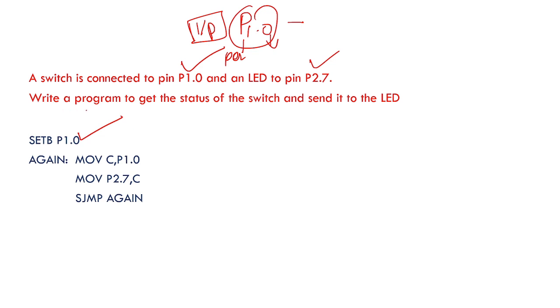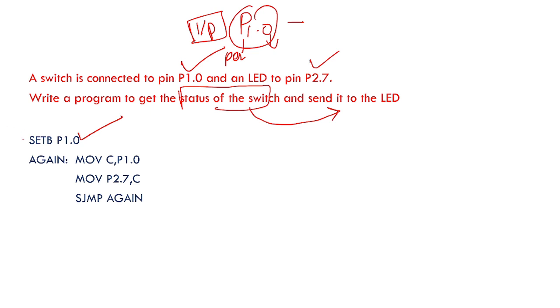So what is the program they are asking? The switch is connected to pin 1.0 and the LED to pin 2.7. Write the program to read the status of the switch and send it to the LED. So I only want to check the status of the switch, and the status is to be updated on the LED pin. That's it, very simple.